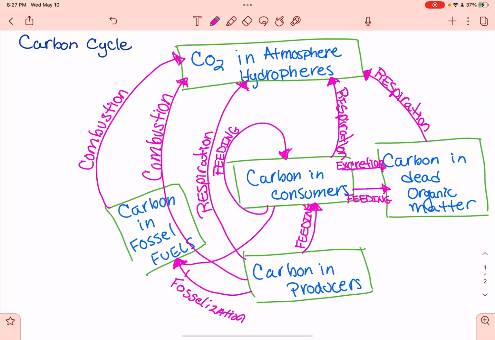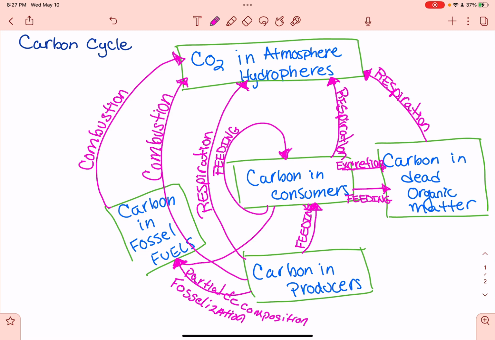And partial decomposition. It's hard for me to write on this, sorry guys. Remember that partial decomposition, an example of that would be peat.